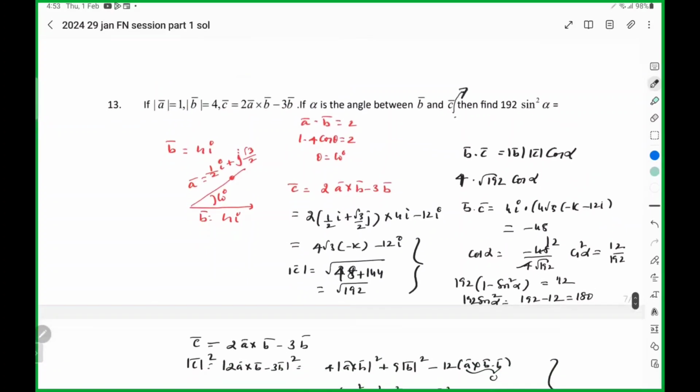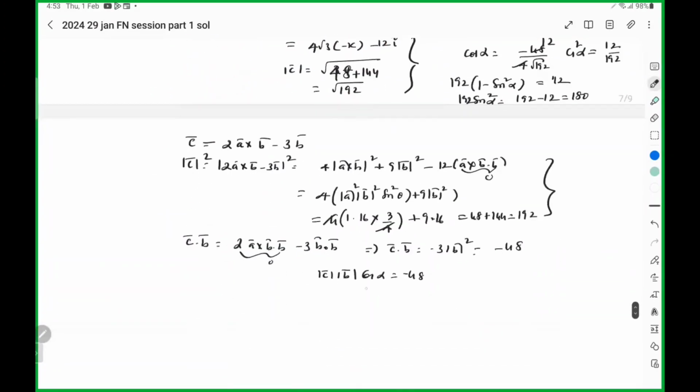What he is asking is sin alpha. Cos alpha will be, mod C is 192, mod B is 4. Sin square alpha will be 1 minus cos square alpha.